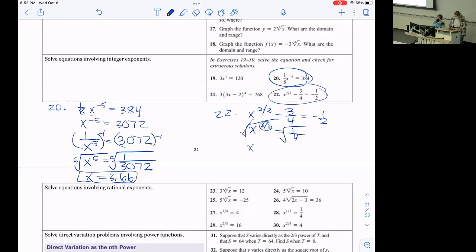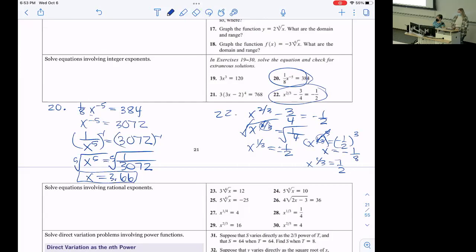So we'll have x to the 1/3 equals 1/2. But it will be a plus or minus 1/2 because it's the square root. So then we will have x to the 1/3 equals -1/2 and x to the 1/3 equals 1/2. And in order to get rid of this 1/3 in the exponent, we raise both of these to the thirds. That cancels out. And you will have x equals -1/8.